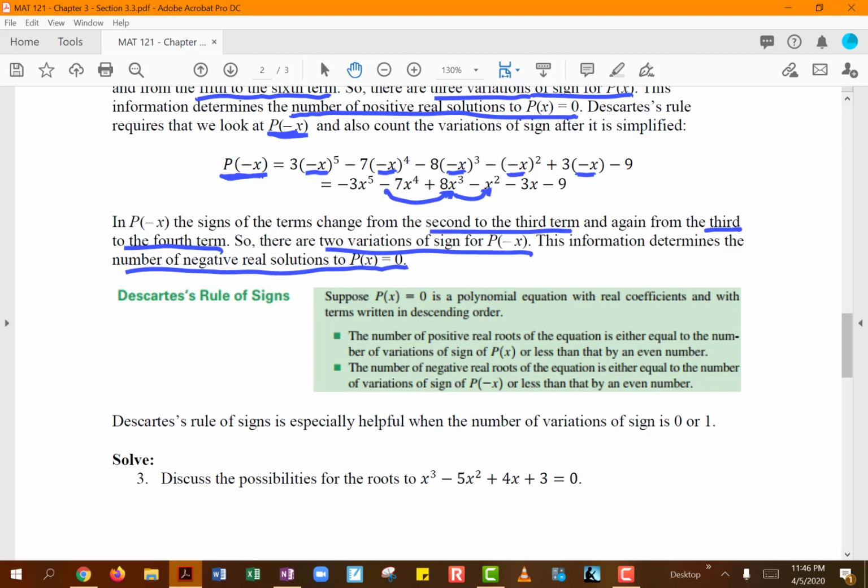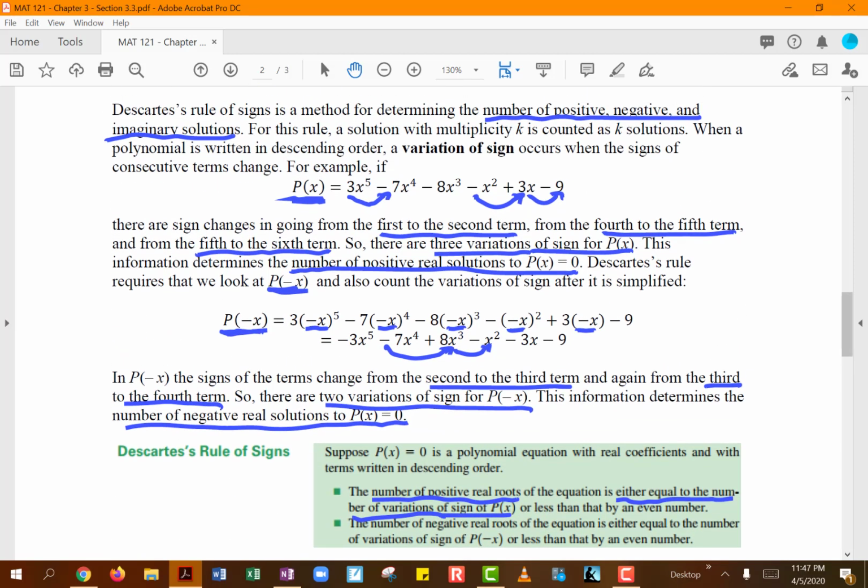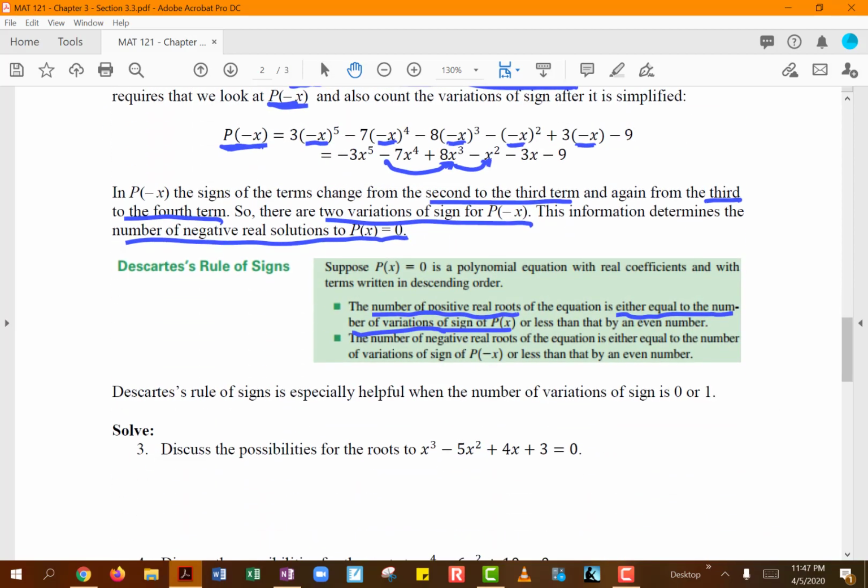So you've got your p of x equals 0 polynomial equation. It's got real coefficients written in descending order. So they are saying the number of positive real roots is either equal to the number of variations, right? So like here, you saw there were 3 variations. So what this rule is saying is that you can have at the most 3 positive real roots, or you can lessen that by an even number.